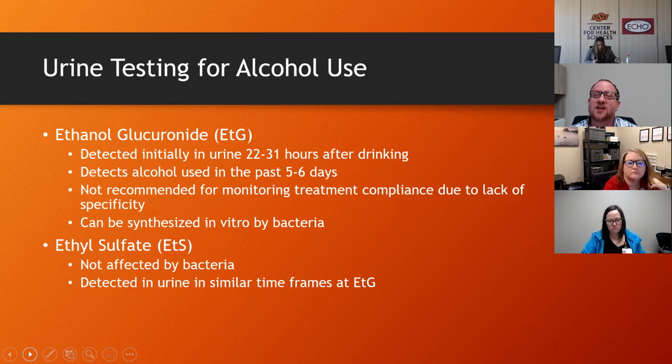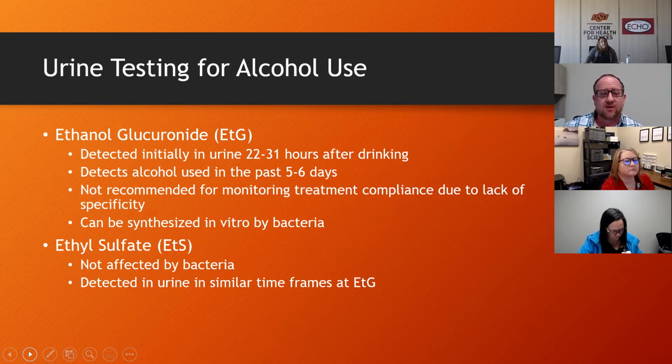If you do not process the sample quickly enough and it sits at room temperature, it starts to build bacteria in the urine that will falsely test positive for the ETG. If you're not going to be able to immediately dip the urine after collecting it, they recommend that you put it in the refrigerator, which will slow the bacterial buildup that causes false positive ETGs.